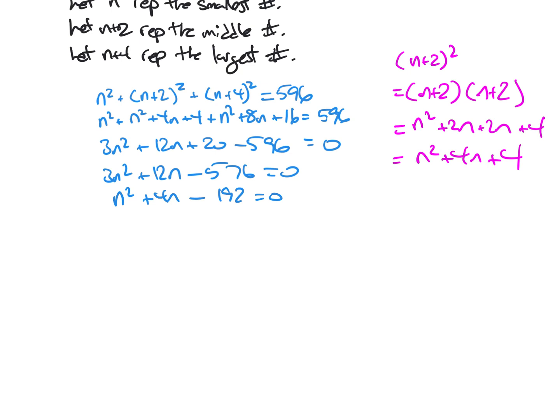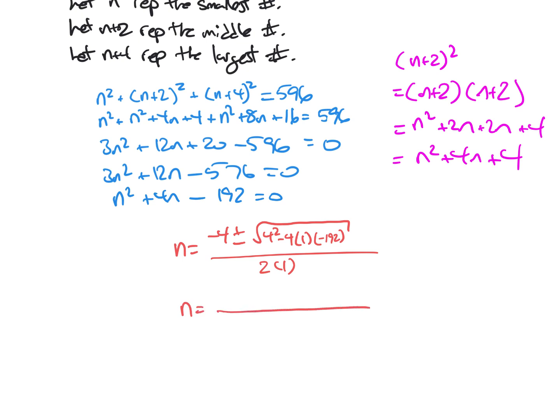Now, this is n equals, not x equals, because n is our variable. n equals minus b, so that's minus 4, plus or minus the square root of 4 squared minus 4 times a, which is 1, times c, which is negative 192, all over 2 times 1.